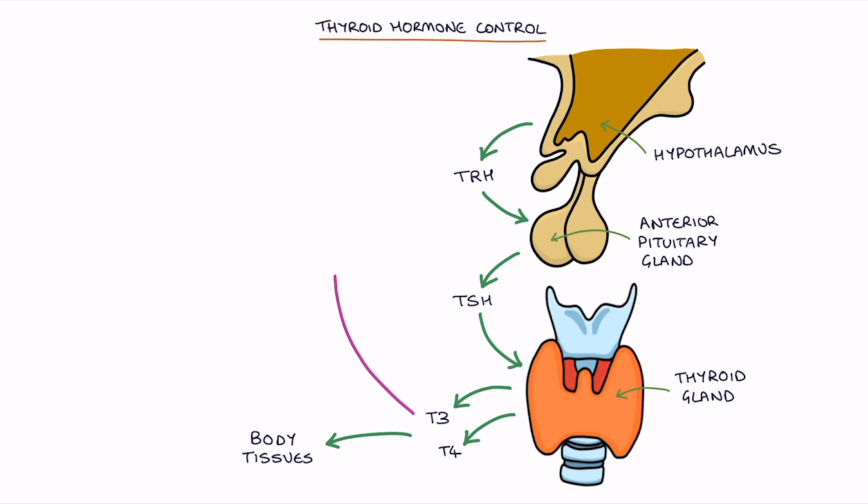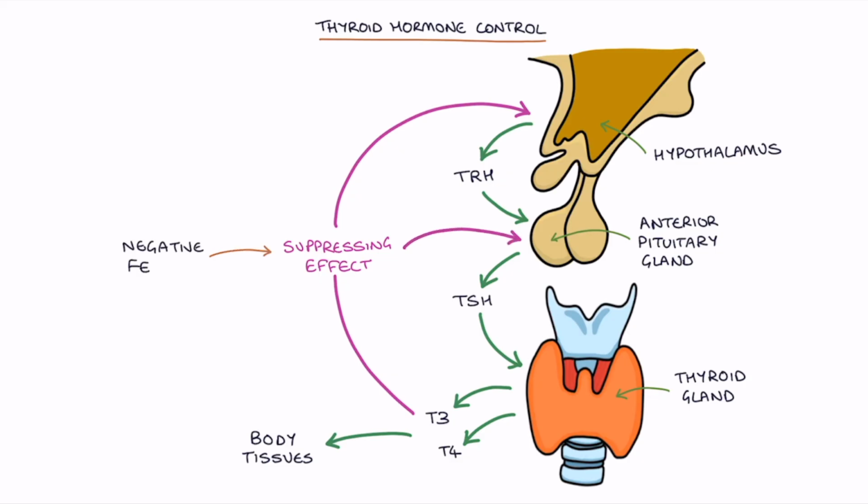They also travel back to the brain and have a suppressing effect on the hypothalamus and the pituitary. This is called negative feedback. The presence of T3 and T4 suppresses the release of TRH and TSH.